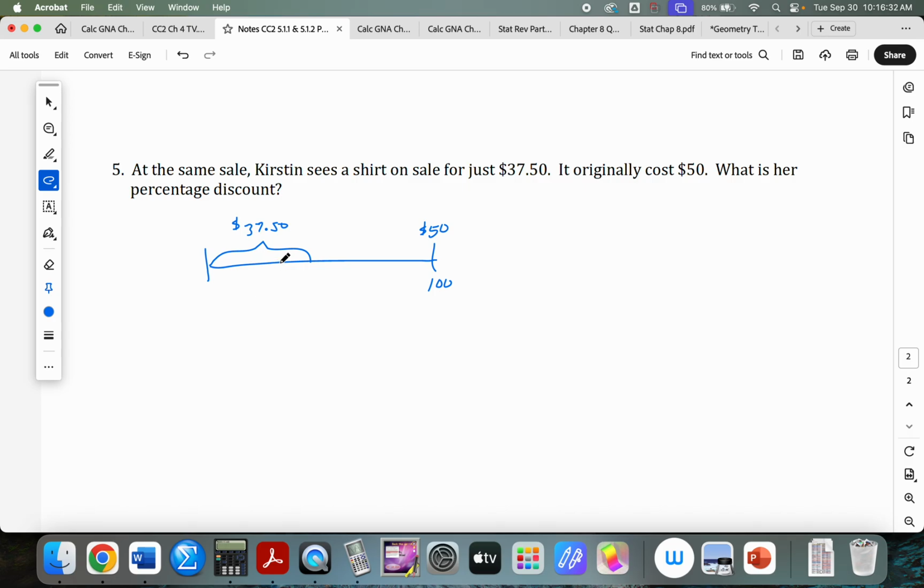Now, this $37.50, is that the discount or is that how much she's paying? That's how much she's paying. The discount is the rest. They want the percentage for the discount. So we're looking for this number down here.